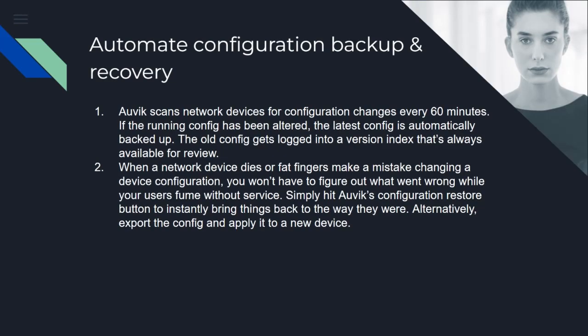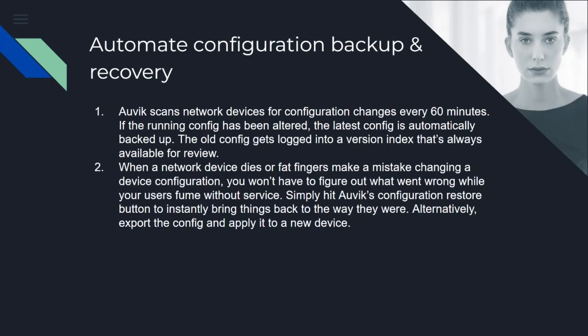The second feature is to automate configuration backup and recovery. Alvik scans network devices for configuration changes every 60 minutes. If the running config has been altered, the latest config is automatically backed up. The old configuration gets logged and saved into the cloud and is available for review.